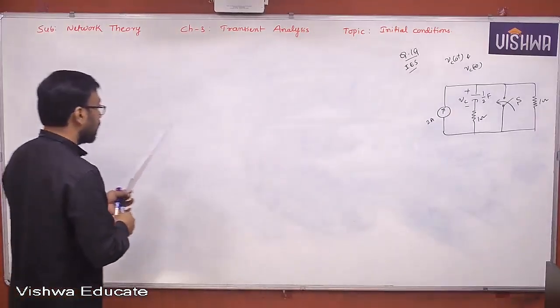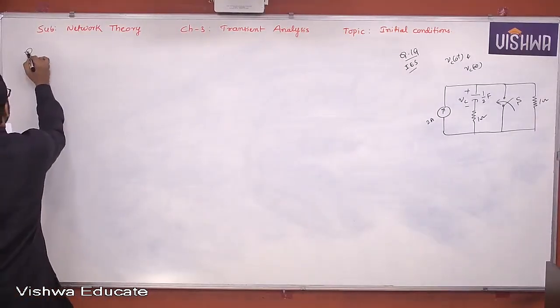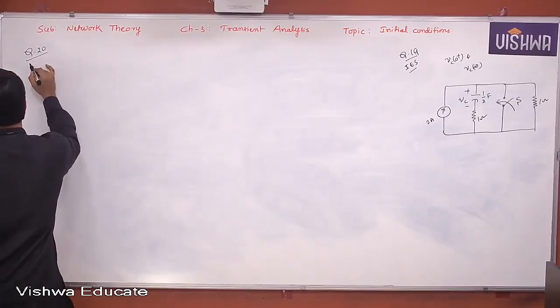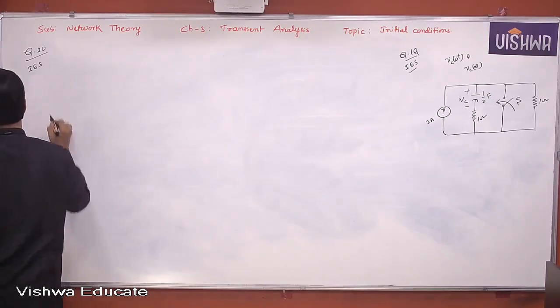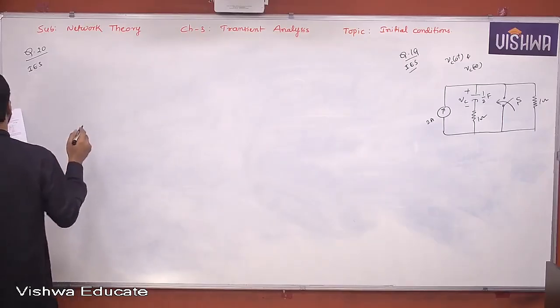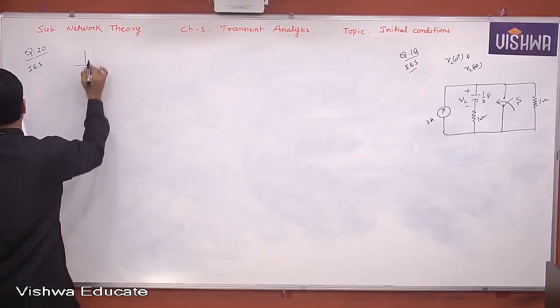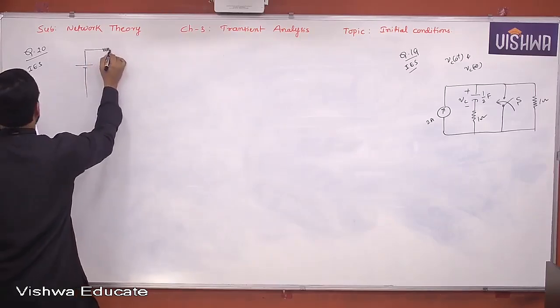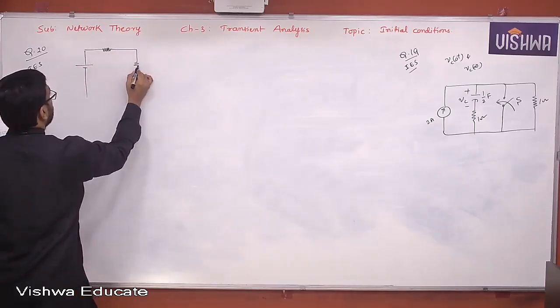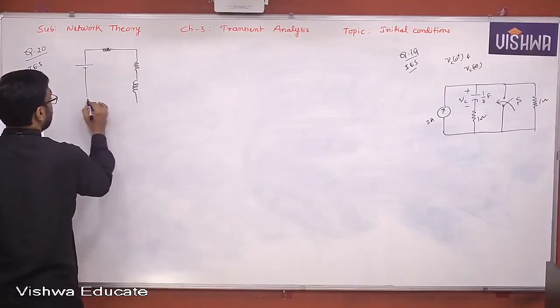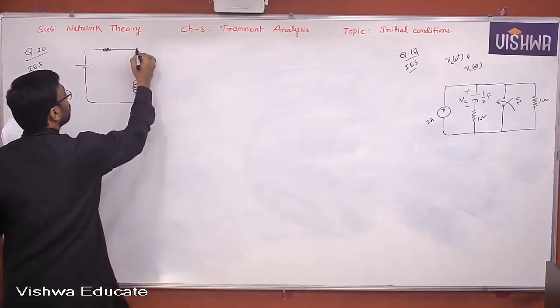Meanwhile, I will note down another problem, question number 20. This was also asked in IES. It's a very interesting problem. Of course, a simple problem. You can do that. That problem you can complete. Meanwhile, I take another problem here.